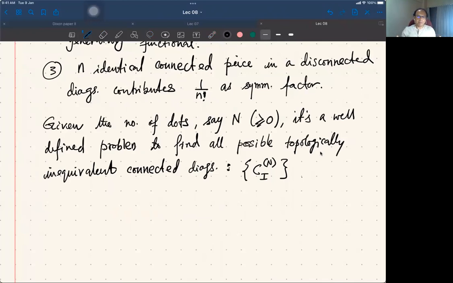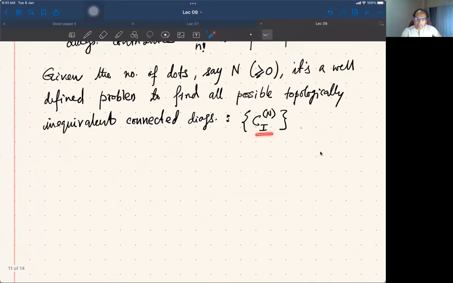This is a well-defined problem, and there is a set of such diagrams, and I is varying over that set. So n is fixed because that is the number of dots, and I is changing. You can numerically count it 1, 2, 3, etc., but basically I runs over the elements belonging to that set, the topologically inequivalent connected diagrams.